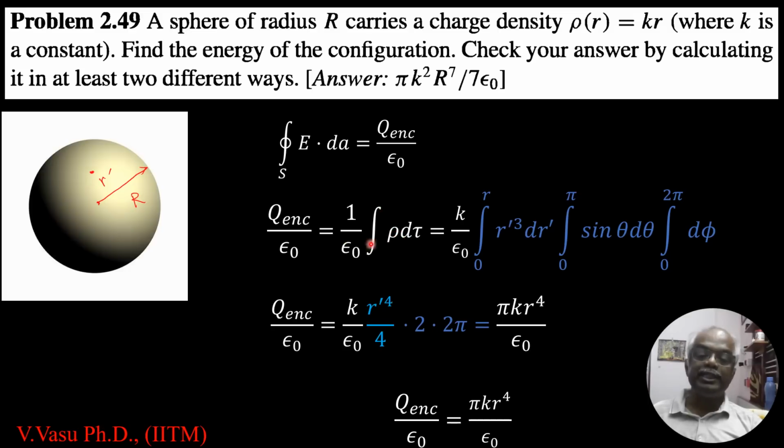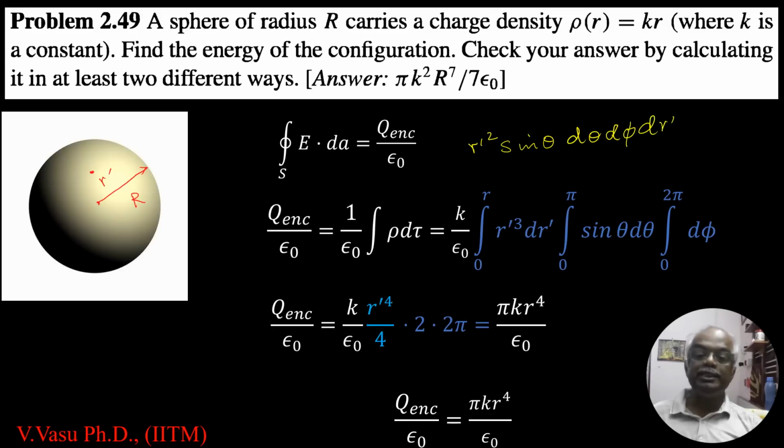So you have to integrate rho d tau over the enclosed volume. d tau is the small volume, which in our case is r prime squared sine theta d theta d phi d r prime.